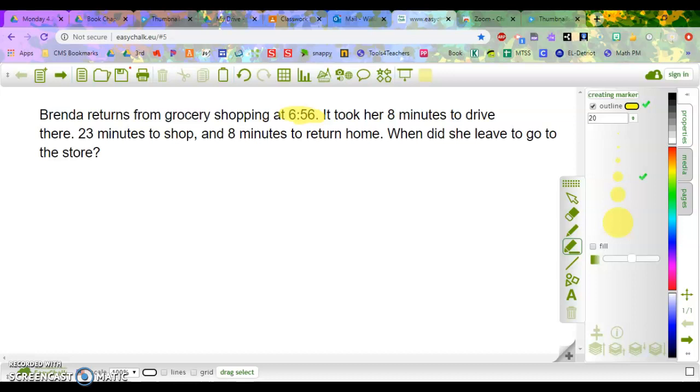She had 8 minutes to drive to the grocery store, 23 minutes she was in the store actually shopping around, and 8 minutes to drive back home. Then I'm focusing in on my question. The question is asking me, when did she leave to go to the store?